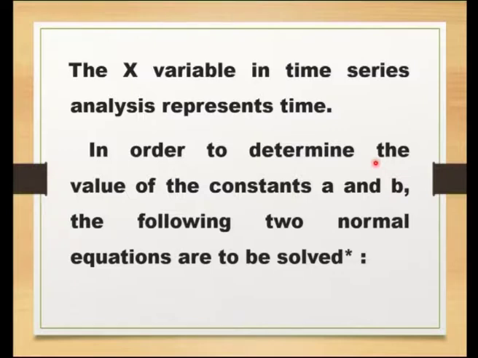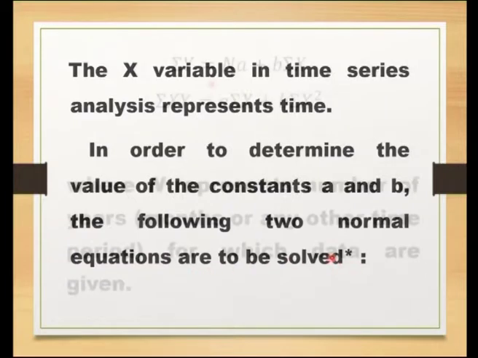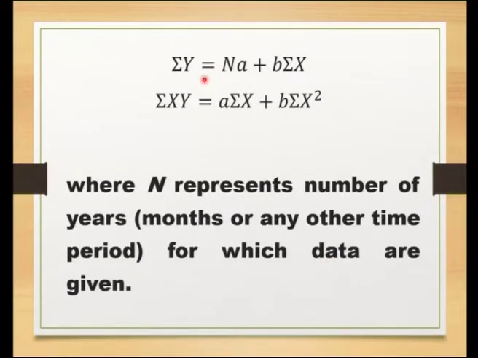In order to determine the value of the constants a and b, the following two normal equations are to be solved. The two normal equations are given by summation y is equal to n a plus b into summation x, and summation xy is equal to a into summation x plus b into summation x square, where n represents the number of years or months or any other time period for which data are given.